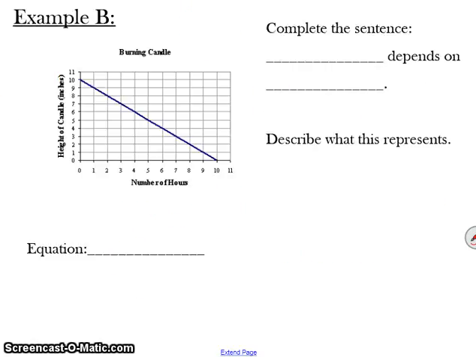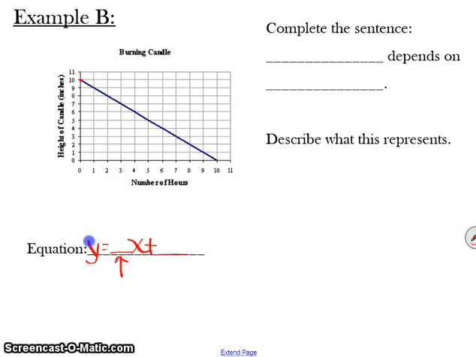Example B, this time they give me a graph, and I have to create an equation, complete the sentence, and then tell me what that graph is telling me. So again, I'm going to start with my equation. y is equal to something times x plus something. So if you go ahead and set up your equation like that every single time, then you won't forget anything that goes in your equation. So I have to find my rate of change.